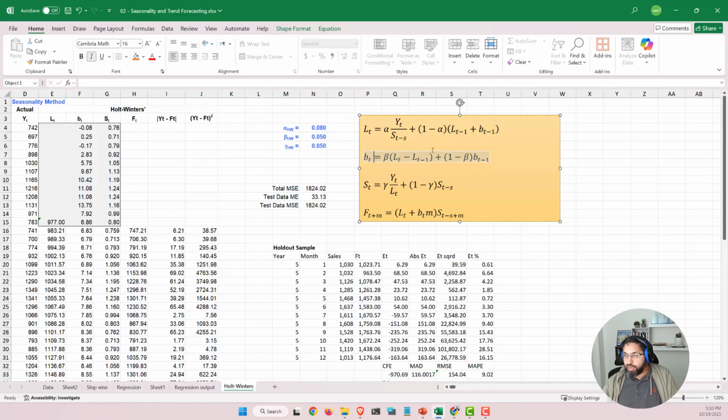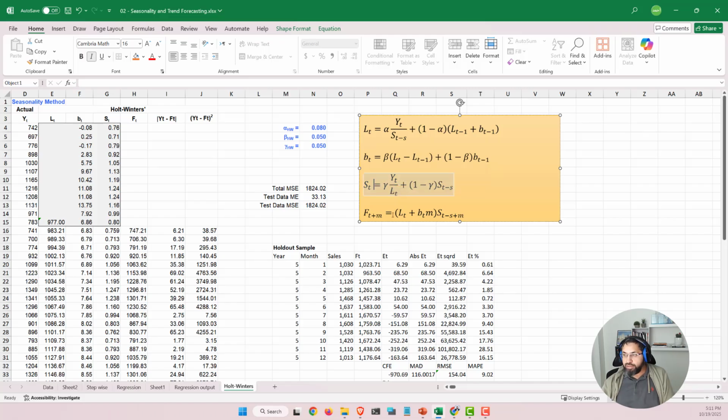The trend component, called B, is going to take the change in the level component plus the old estimate of the trend component. And the seasonal index is just going to take the old estimate of the seasonal index and smooth it with the new estimate, which is always the actual value divided by the level.